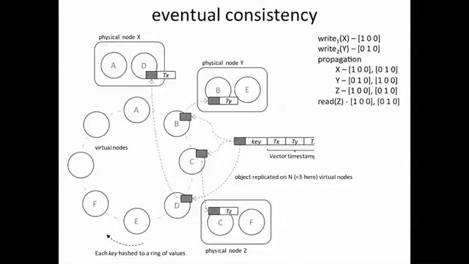For example, now if we read the value at z, where we read both these replicas, 100 and 010, from the location z, and now we do some computation and write a fresh value.